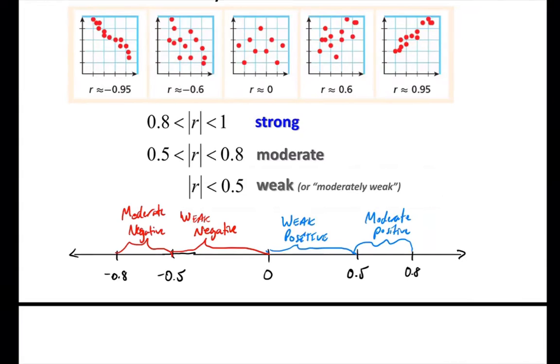And on the ends, up to 1, we don't go past positive 1.0 or negative 1.0. Anything over here is a strong positive, and anything over here is a strong negative.